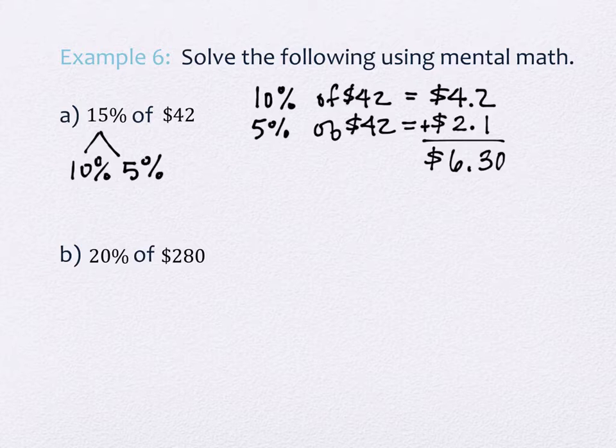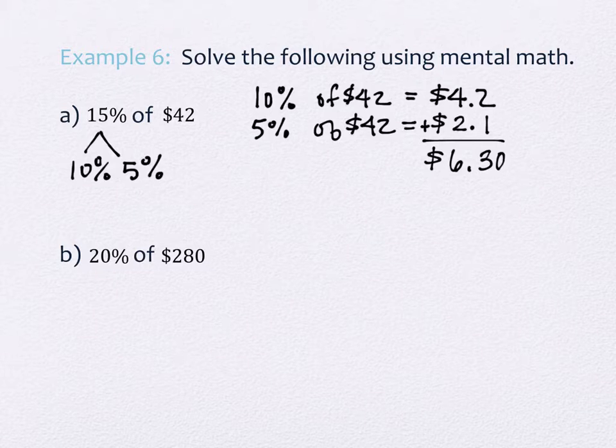You found the 10%, you found the 5% by dividing by 2, and then you added them. That's a 3-part problem. If you get any more than about 3 parts, it becomes something that's probably not going to be mental math. And even if it is mental math for you, it's probably not going to be mental math for the 6th grader that you're working with. Does that make sense? So be real careful at breaking things apart like this. Yes, it works really nicely, but only so much of that is truly going to work to do it all at one time in your head without writing some pieces down.